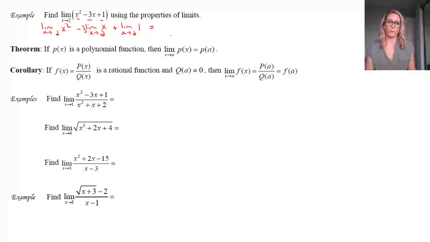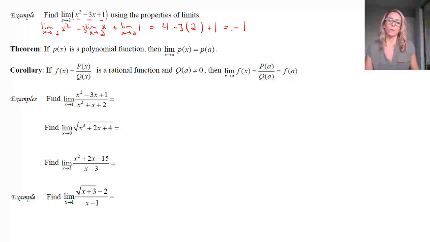So thinking about what we learned, we know that the limit as x goes to 2 of x is just 2, and then if we square it, we get 4, and minus 3 times the limit as x approaches 2 of x, we've learned, is 2, and the limit as x approaches 2 of 1 is just 1. So we end up with 4 minus 6 plus 1, or negative 1.